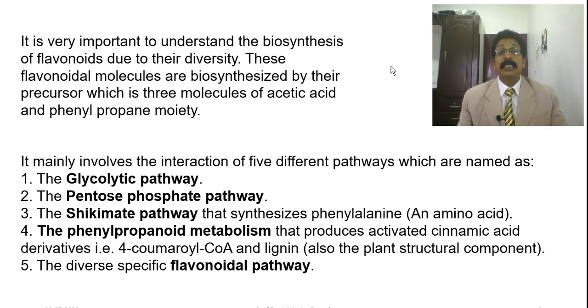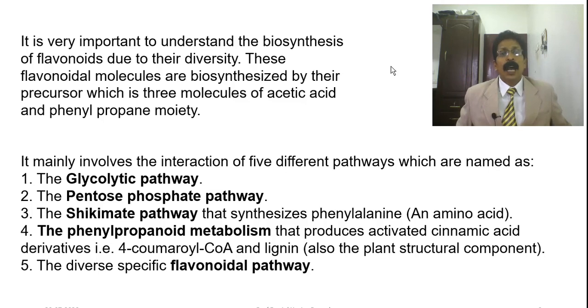And the shikimic acid pathway, the synthesis of phenylalanine, we also discussed: how pyruvate and erythrose 4-phosphate and the 7-carbon compound are converted into quinic acid, dehydroshikimate, then shikimate, and shikimate is converted into chorismate. Chorismate can also give rise to prephenate. All these are responsible for the production of aromatic amino acids like phenylalanine.